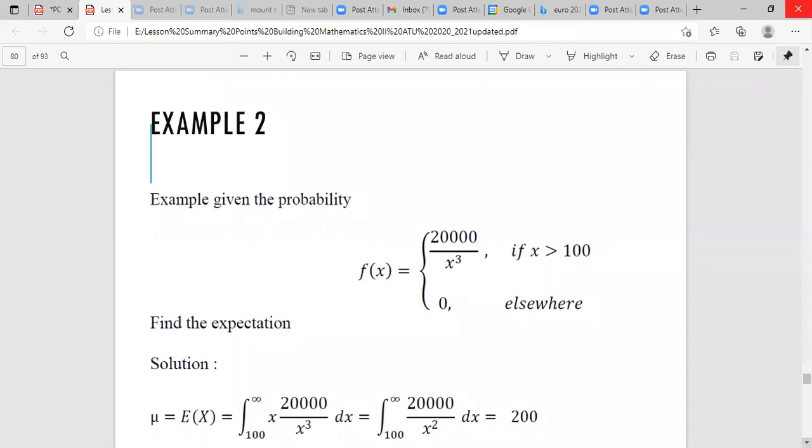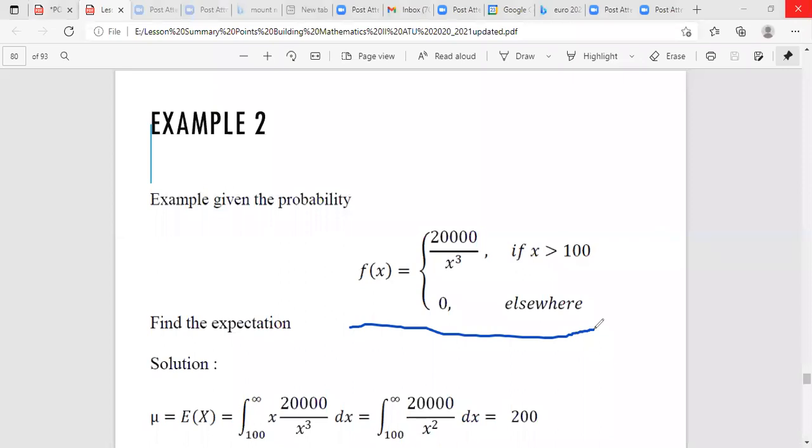I skipped example one for a reason, but we'll go back to that briefly immediately after example two. We want to find the expectation of x given the probability function f of x, which is this.